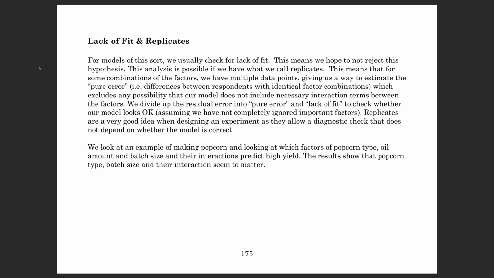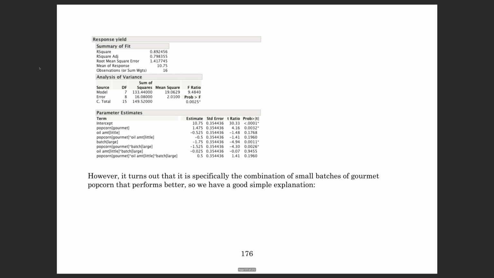So the yield is presumably how good we are at selling the popcorn or how happy people are with our product. Okay, so we're going to have a look at these results to try and understand what's going on in this case.